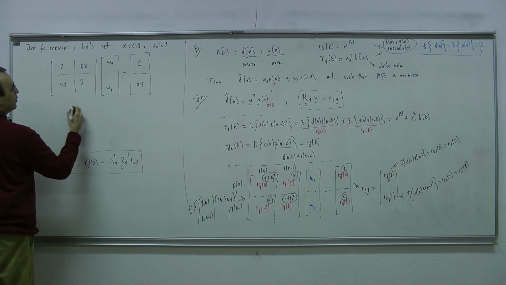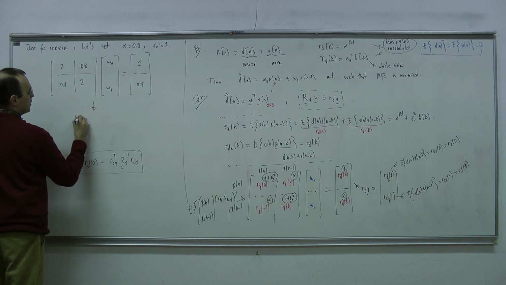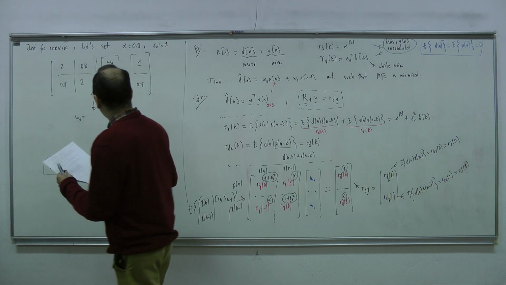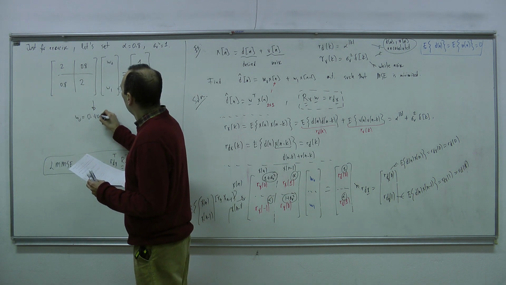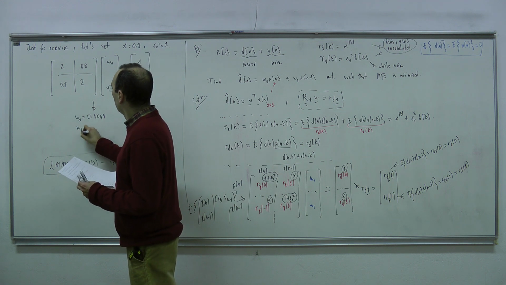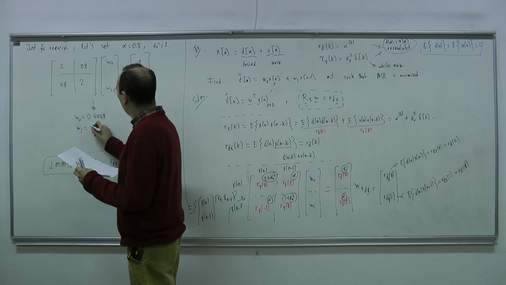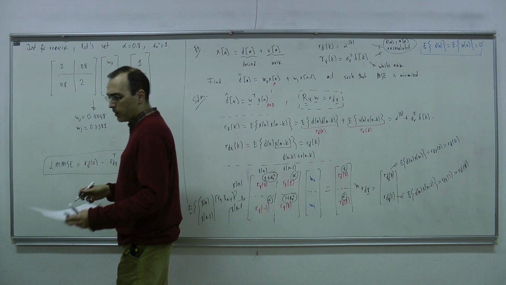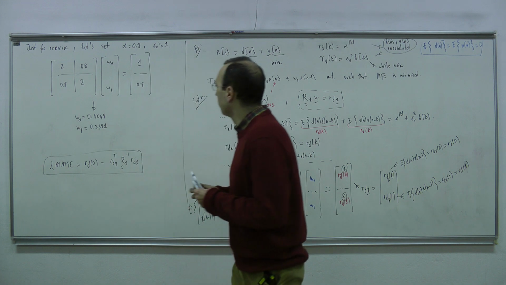So if I solve for these optimal coefficients, W0 is equal to 0.4048, W1 is equal to 0.2381. Okay, so I get some numerical values.